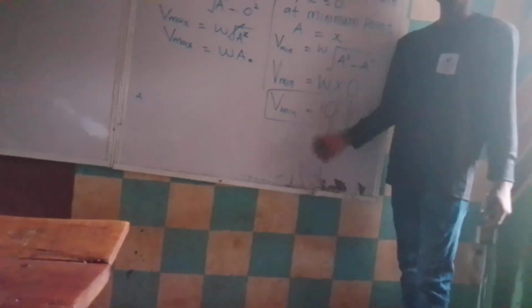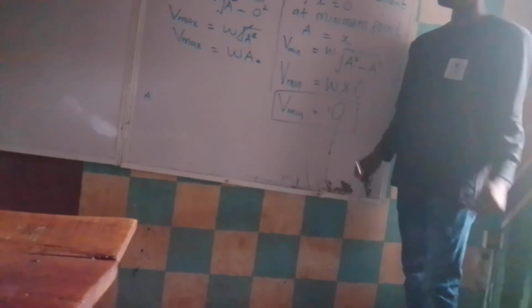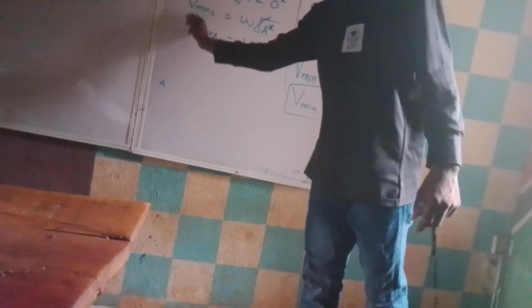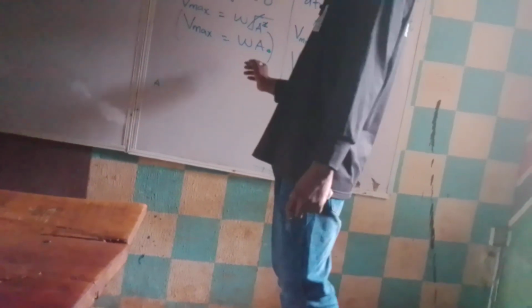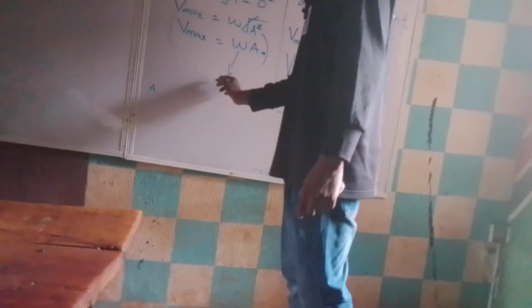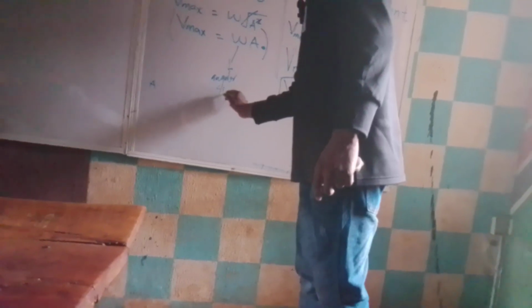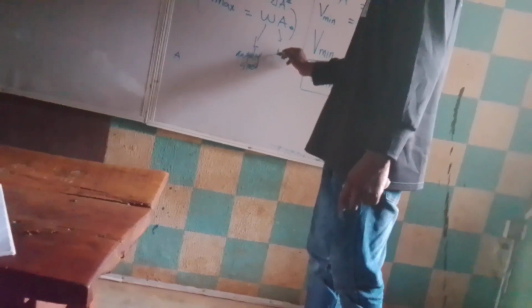A squared minus A squared is 0, and 0 times W means V minimum will be 0. Anytime they ask you to calculate the velocity at the minimum point, it will be 0. Anytime they ask you to calculate the velocity at maximum point, it will be V equal to W A, where W is the angular speed and A is the amplitude.